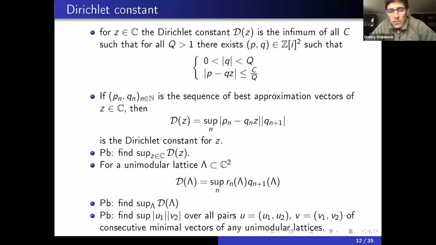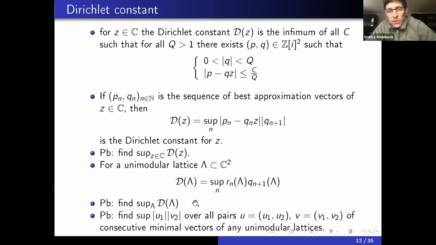Maybe you need some irrationality assumption over Z. What will be the same is if you find this for one lattice lambda, I don't know, but the sup over all of them will be the same. I think for one lattice it may depend on the lattice.